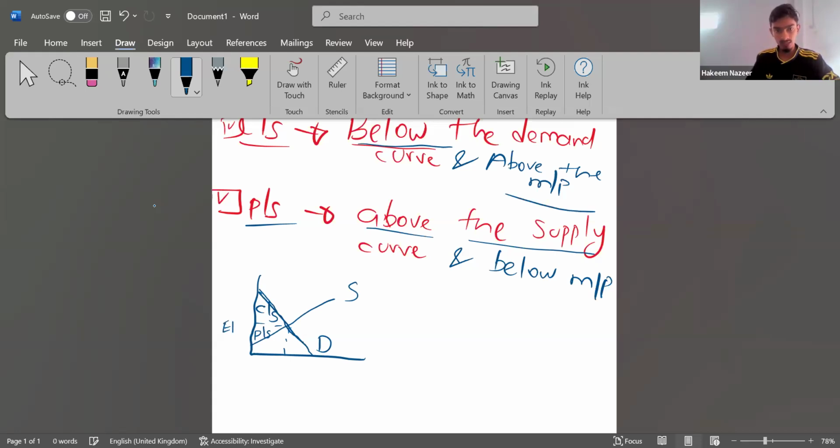This is the equilibrium market price, right? And producer surplus is above the supply curve and below the market price. In exams, they often ask questions on consumer surplus and producer surplus using definite integration, right?